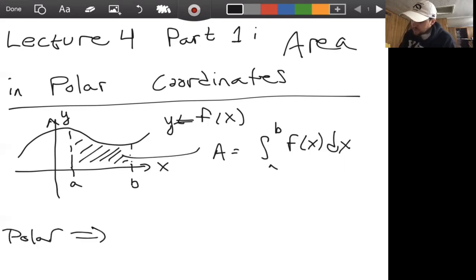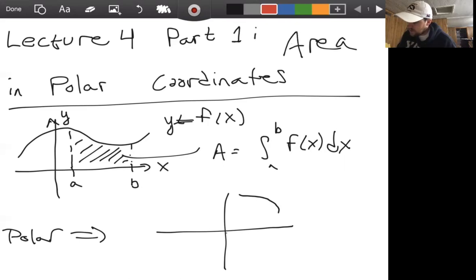Right, when we're looking in polar coordinates, we could have a chunk of a function doing something like this, maybe over here. And now what we want to look at is the area bounded between the lines, some starting theta and some ending theta, say alpha and beta, and between these lines and our curve.